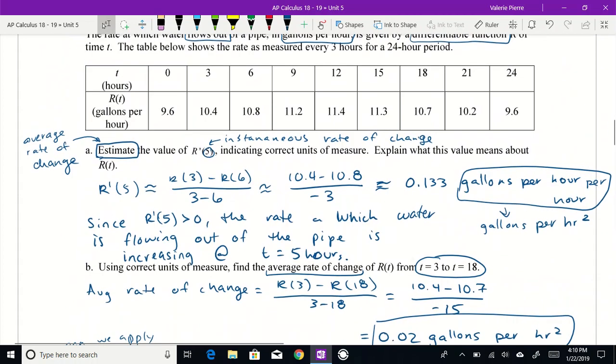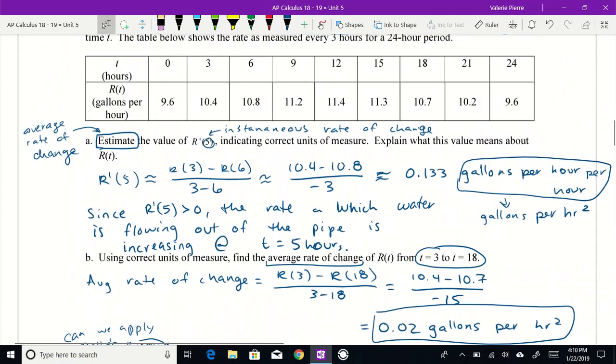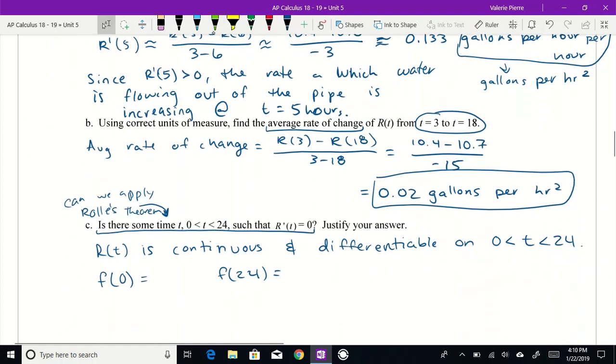So going back to the top, f of 0 is 9.6, and f of 24 is also 9.6.